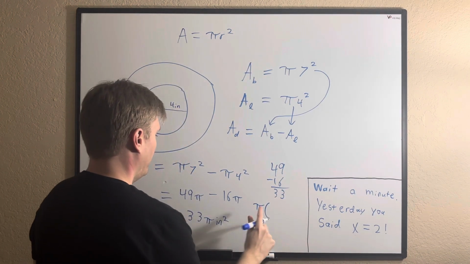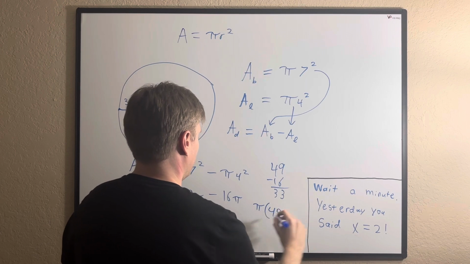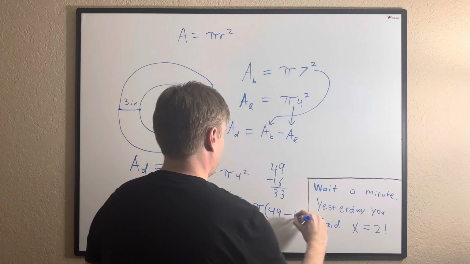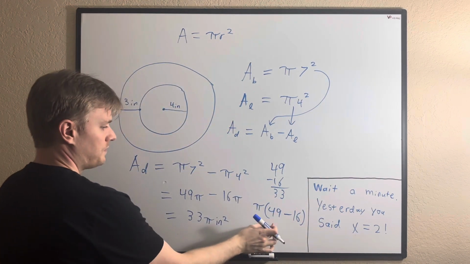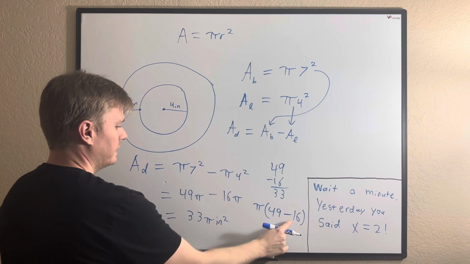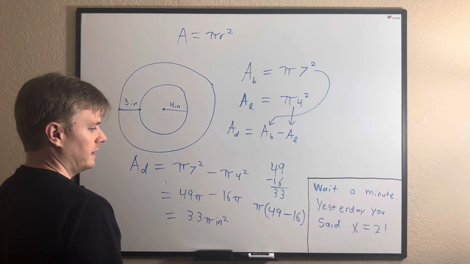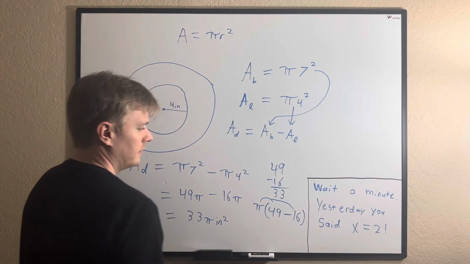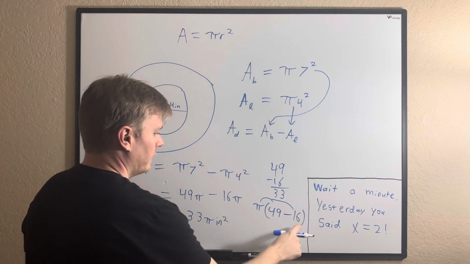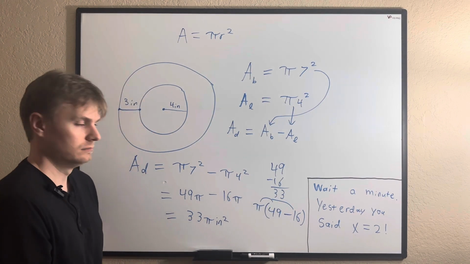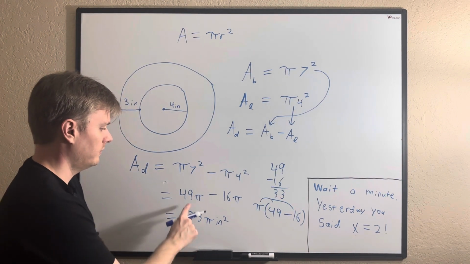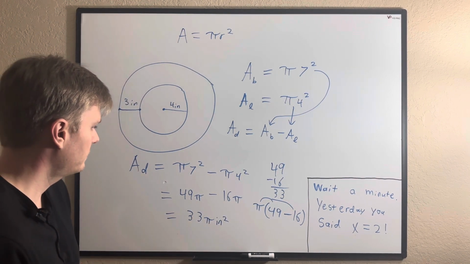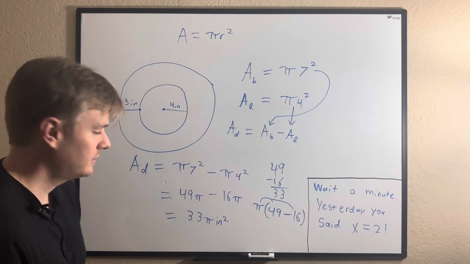You can factor out the pi and kind of work the distributive property backwards. See? And you can subtract 49 and 16, and the pi will stay the same. See? And if you wanted to go back, there's the distributive property, multiply both by pi. Boom. And you get 49 pi minus 16 pi. It's just a quick explanation of combining like terms.